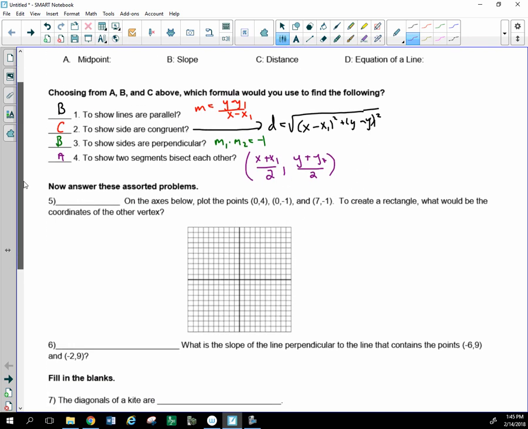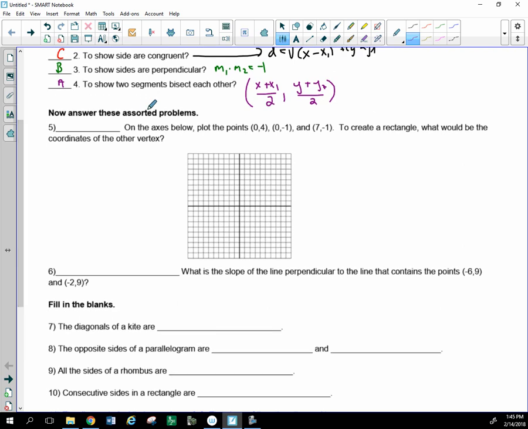As we move along here, it says on the axis below, plot the points to create a rectangle. What would the coordinates of the other vertex be? If I go ahead and plot these at 0 and 4, I get a point right there. At 0 and -1, I get a point right there.